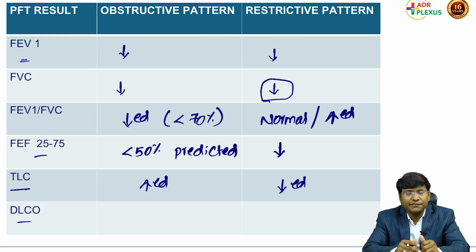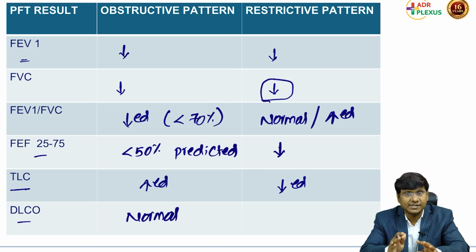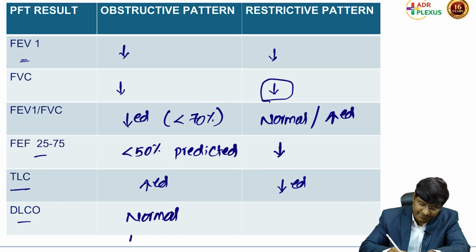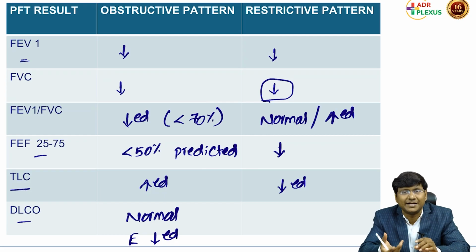DLCO stands for diffusion capacity of the lung for carbon monoxide, and in the obstructive pattern, the DLCO is normal in all forms of obstructive lung diseases except in patients with emphysema. In patients with emphysema, the DLCO is decreased because in emphysema, the acini, which are the gaseous exchange units, are affected. So the diffusion of gases from one alveolus to the other, or from the alveoli into the capillary, gets affected, and thereby the DLCO is reduced in patients with emphysema.